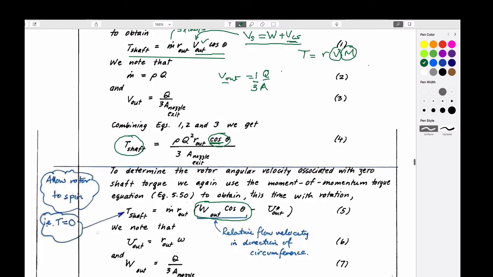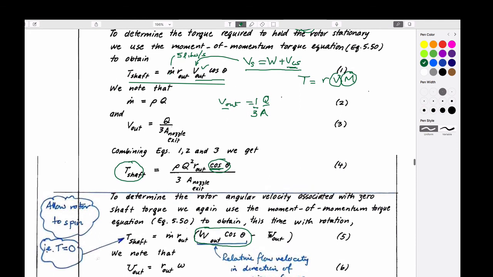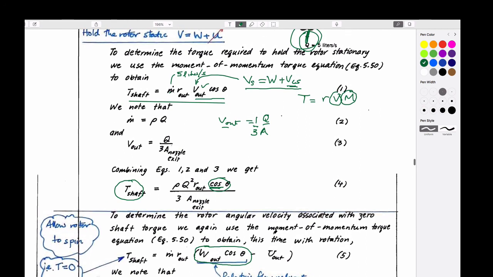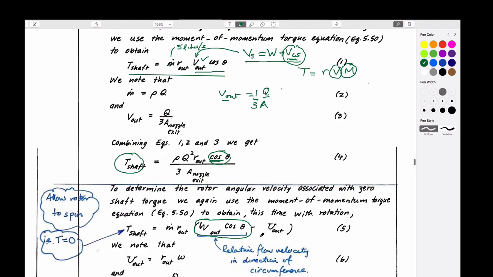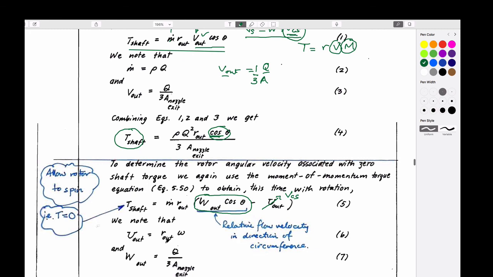And the velocity of the system in terms of the control surface, this is the velocity of the control surface. By definition, this is going to be the rotational speed multiplied by its radius. So this is the definition of a velocity.